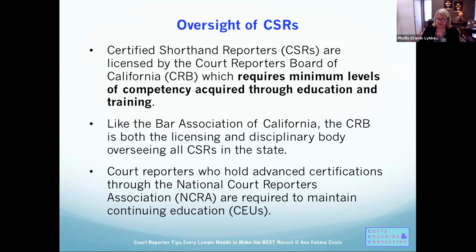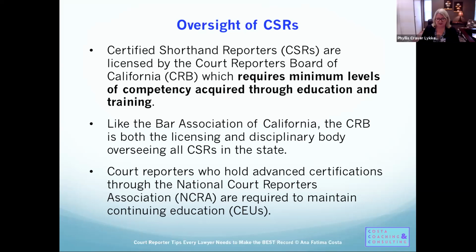Some states, like Washington, do it through the Department of Licensing. In other states, it's under the Supreme Court, like some bar associations are in some states. Court reporters who hold advanced certifications through the National Court Reporters Association are required to maintain continuing education, CEUs.